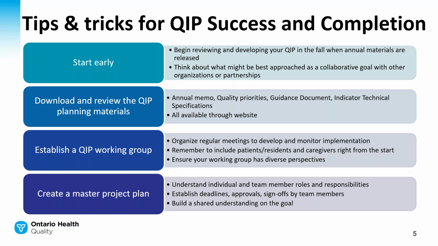After that, start to picture who you will be working with and if your goals can be achieved in 1 year, or if your QIP will help steer the project along over the course of a few years. Including patients, residents, clients, and family right from the start is best. Work on a plan together to help establish a shared understanding of what the organization or partnership is trying to achieve.